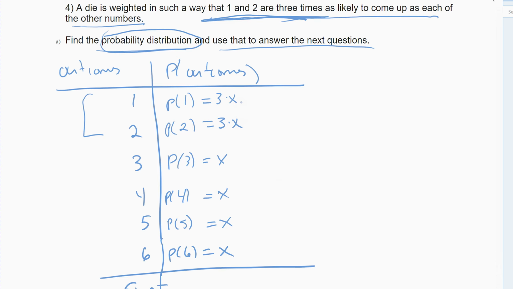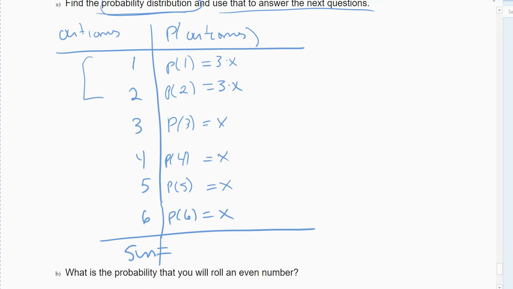And so this is where the algebra comes into play. I know the sum of all the probabilities equals 1. I'm going to use that fact, so I'm going to write that over here. I know the sum of the probabilities equals 1.